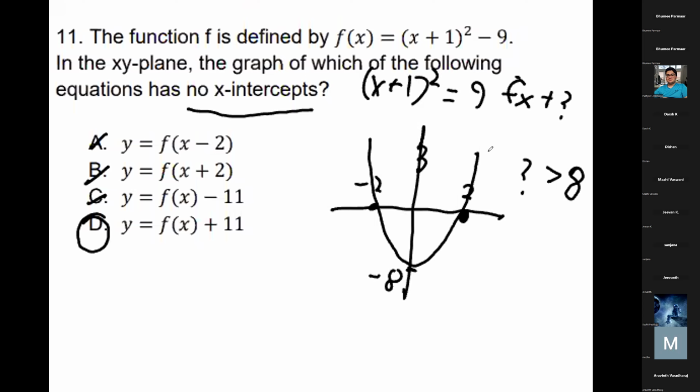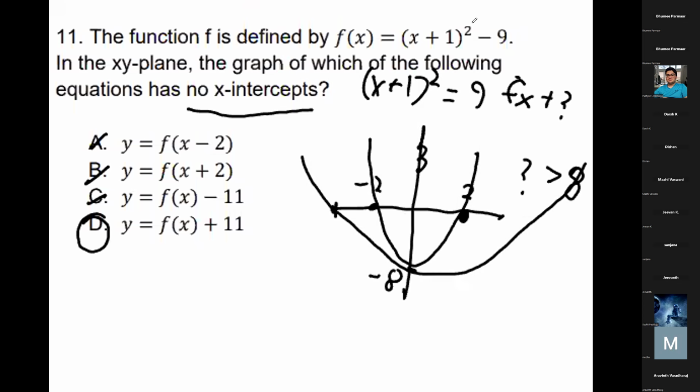At the end of the day, for this question, the intercepts don't even matter really. This could be any intercept. All that matters is that it doesn't reach the x-axis, which means we just have to make this greater than 8. Because if this gets moved up, even if this intercept was something like negative 100 and this is like positive 100, even if we move it up like 9, it would still not reach the x-axis.